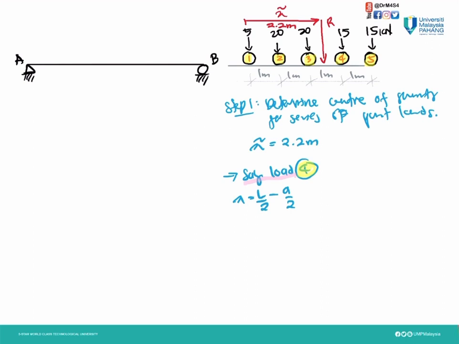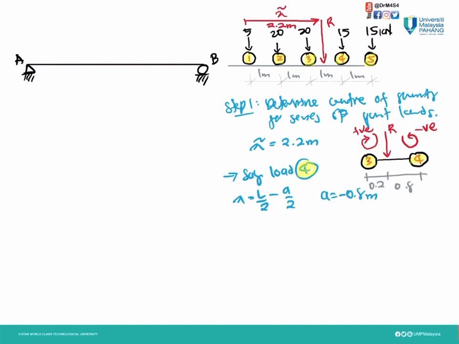Next, say the maximum is going to occur at load 4. So we're going to use this formula, x equals L divided by 2 minus a divided by 2. So this is wheel 3 and wheel 4, and our resultant is in between at distances of 0.2 and 0.8. Because wheel number 4 is on the right side, it will be negative, because rotation to the right is negative from R, so R to 3 is positive.